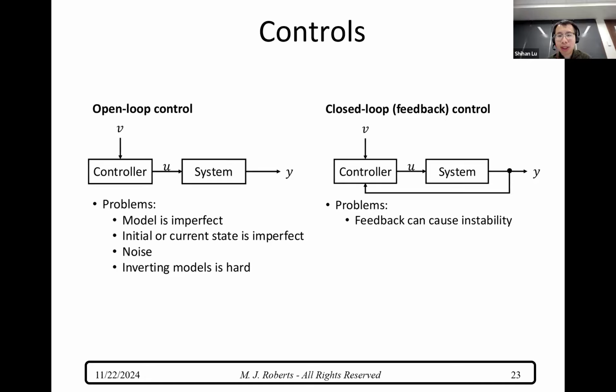On the other side, the closed loop, the feedback control. In this loop, we introduce a feedback from the system output back to the controller, which is used to inform the controller for generating the corresponding system input.